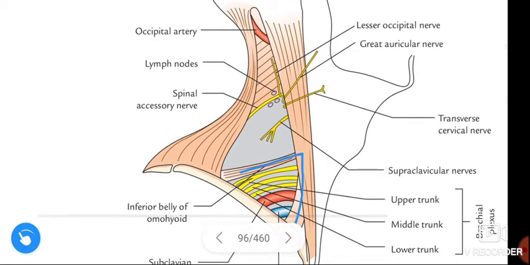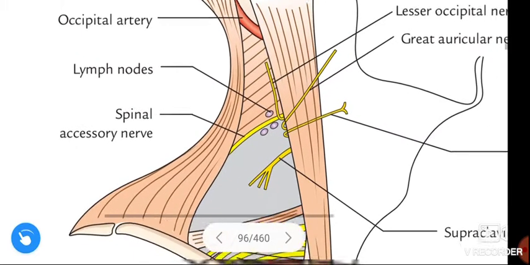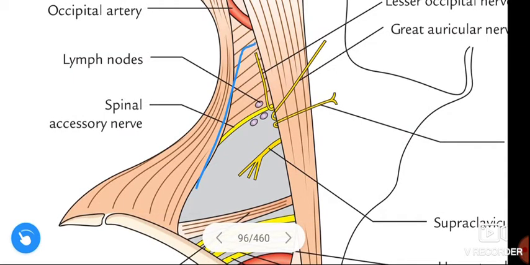This upper larger triangle we call the occipital triangle, because it contains the occipital artery.